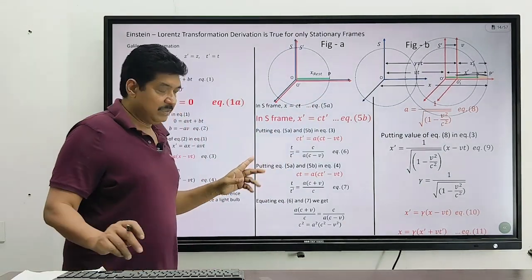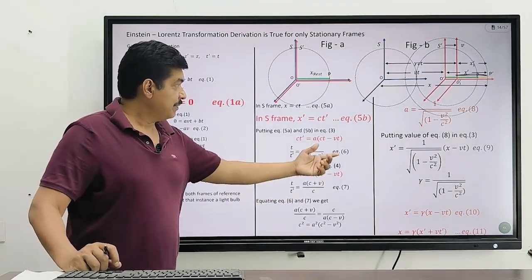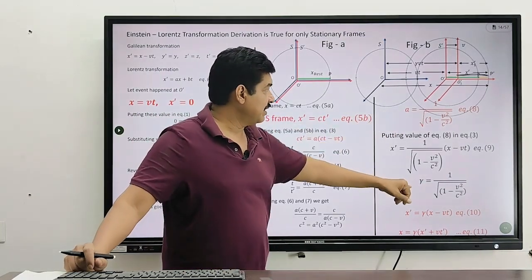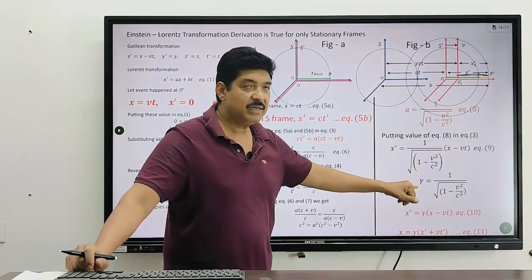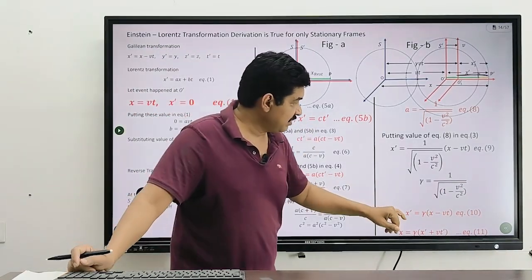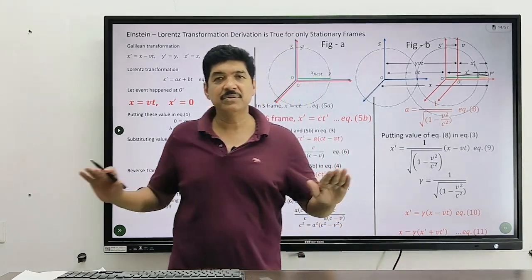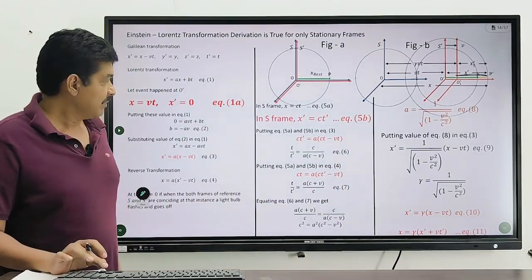So there is an error, and then when you calculate the value of alpha, that is gamma, the value of gamma is wrong, and if the value of gamma is wrong, x minus vt is wrong, the whole equation is wrong, right?